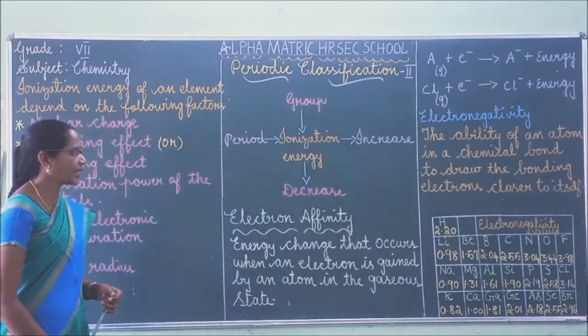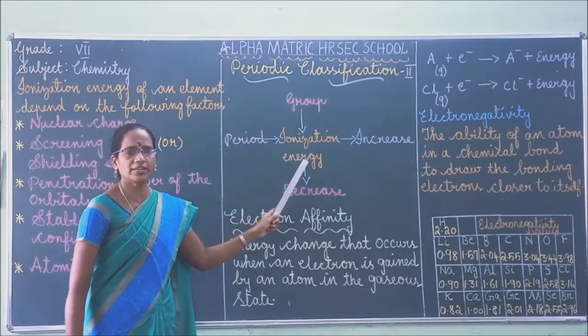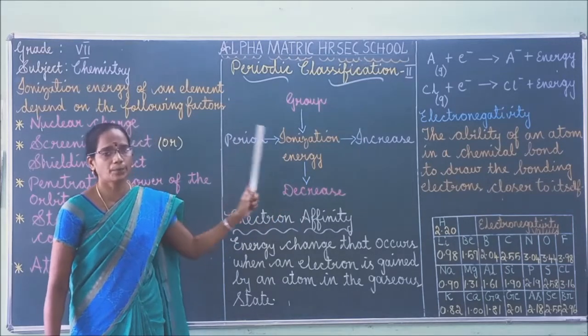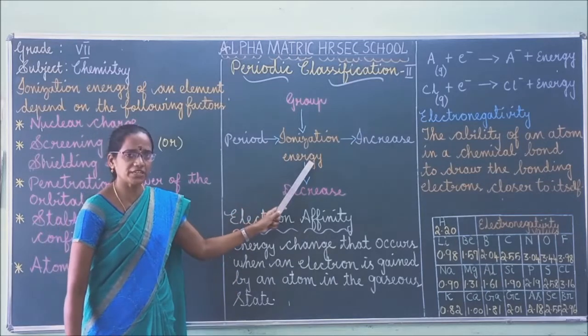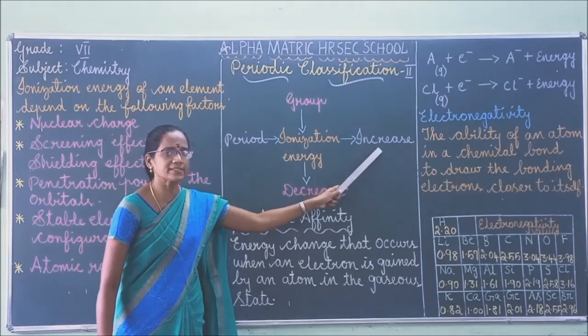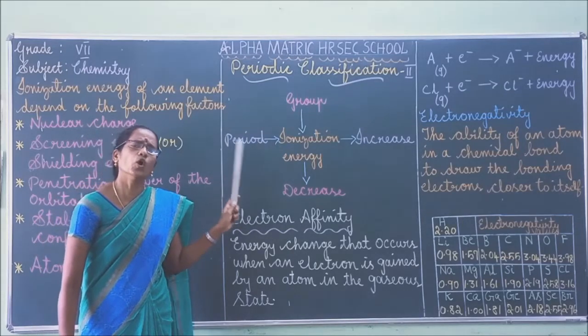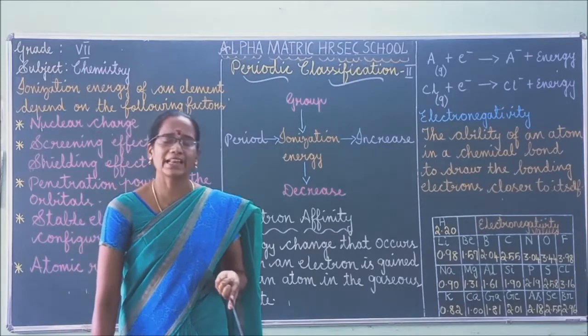Got it? Right. Next we can move to the variation of ionization energy along the period and group. Ionization energy increases along the period. Why? Because more energy is required to remove the electrons.